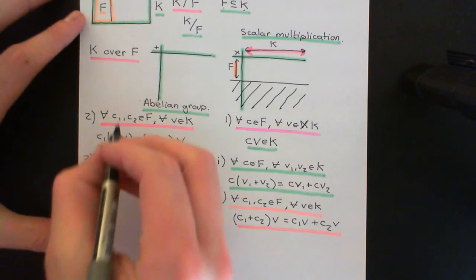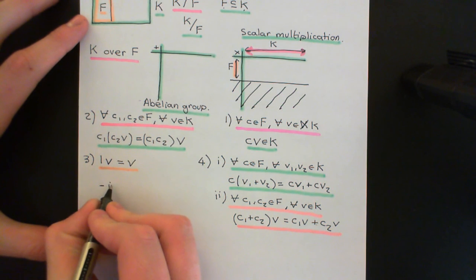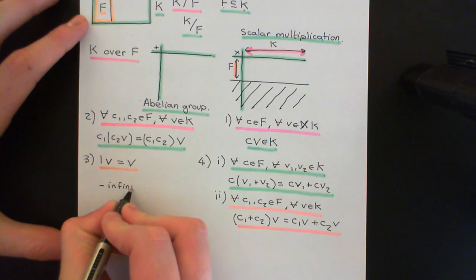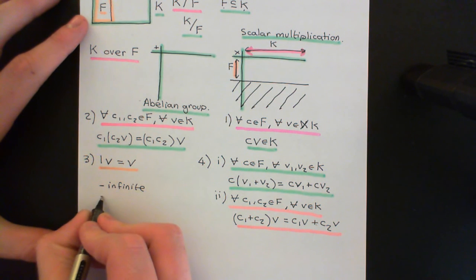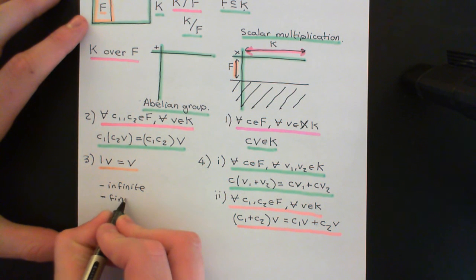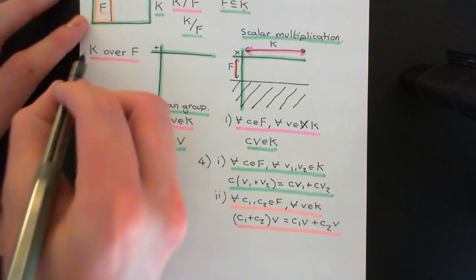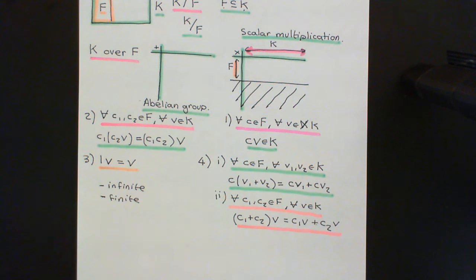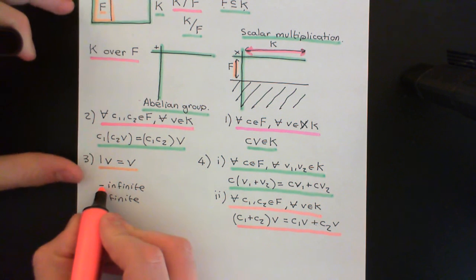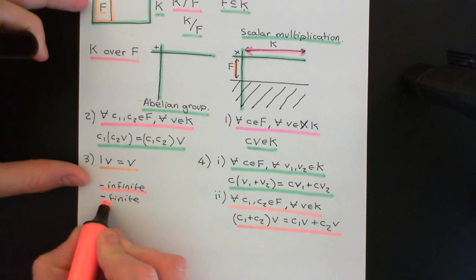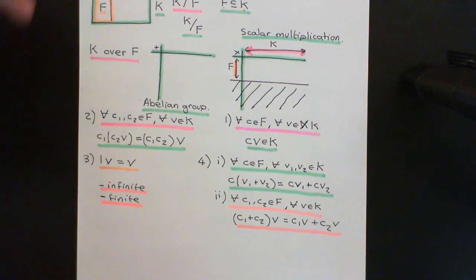So there are two possibilities. Either the dimension could be infinite, or it could be finite, i.e. a finite set of vectors in the field extension K will span the entire vector space when you take a linear combination where the coefficients are from the field capital F. So there are two possibilities. The vector space could be infinite dimensional, or it could be finite dimensional.